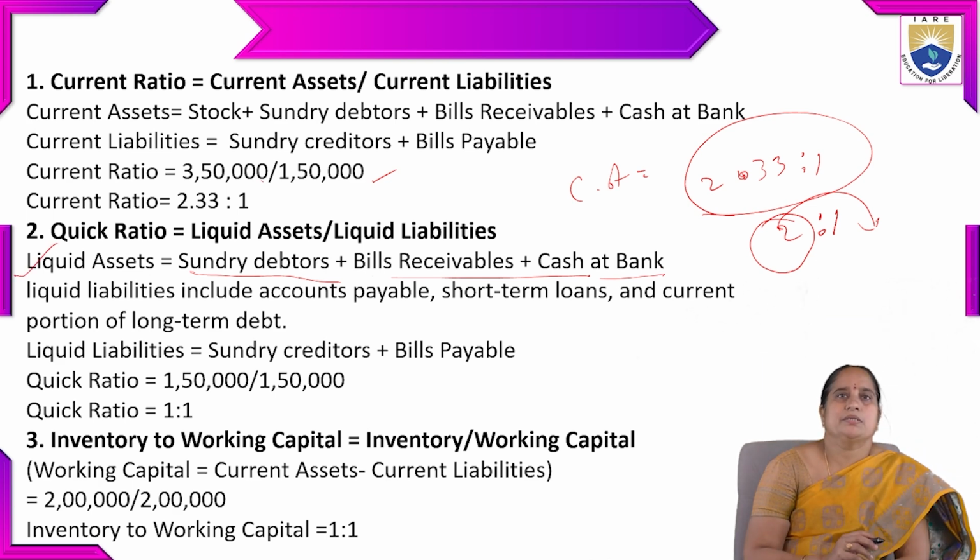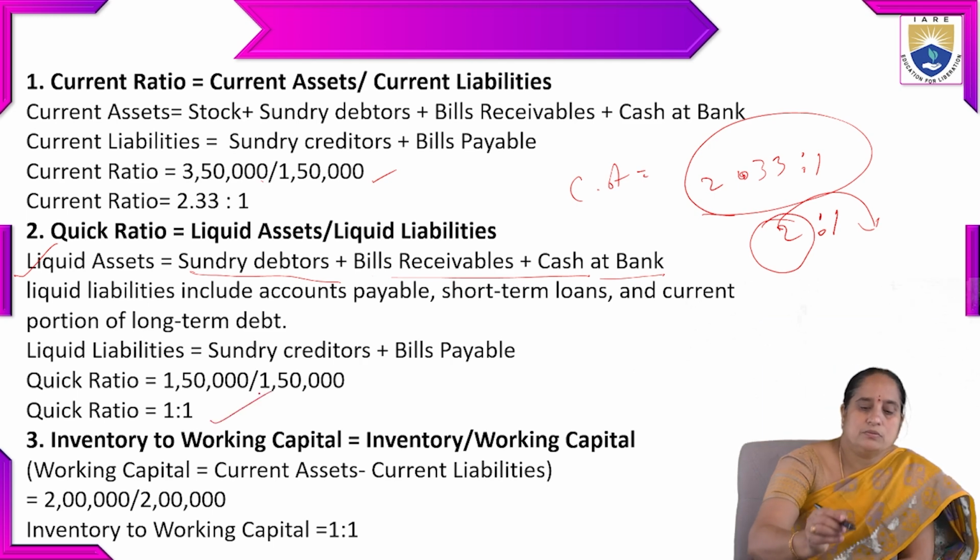Liquid liabilities include accounts payable, short-term loans, and current portion of long-term debt. In this case, we have two liabilities, both liquid, given in the problem: sundry creditors and bills payable. So inserting in the formula, 1,50,000 divided by 1,50,000, our quick ratio is 1 is to 1.